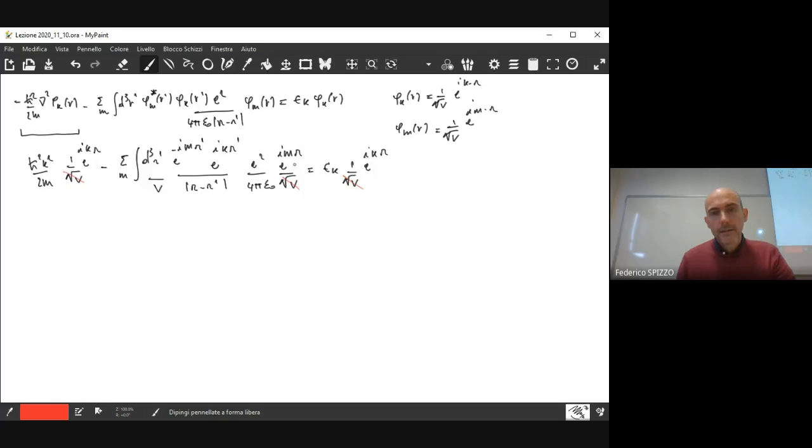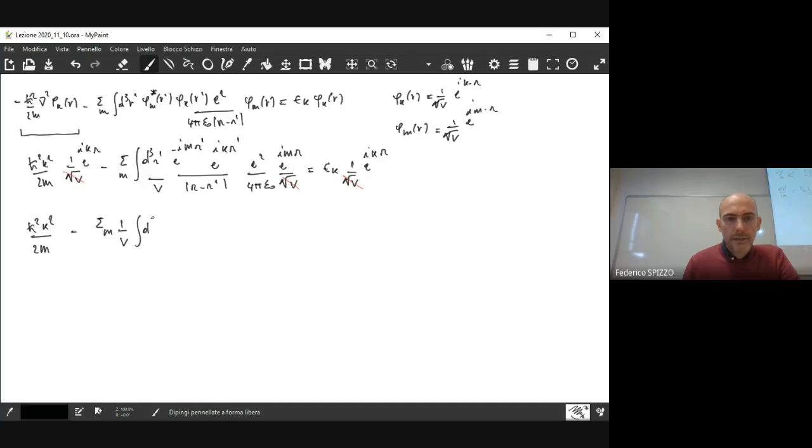A new phase appears here with the k wave vector and the r coordinate. So what we have is h bar squared k squared divided by twice the electronic mass minus the summation over m of 1 divided by the volume.